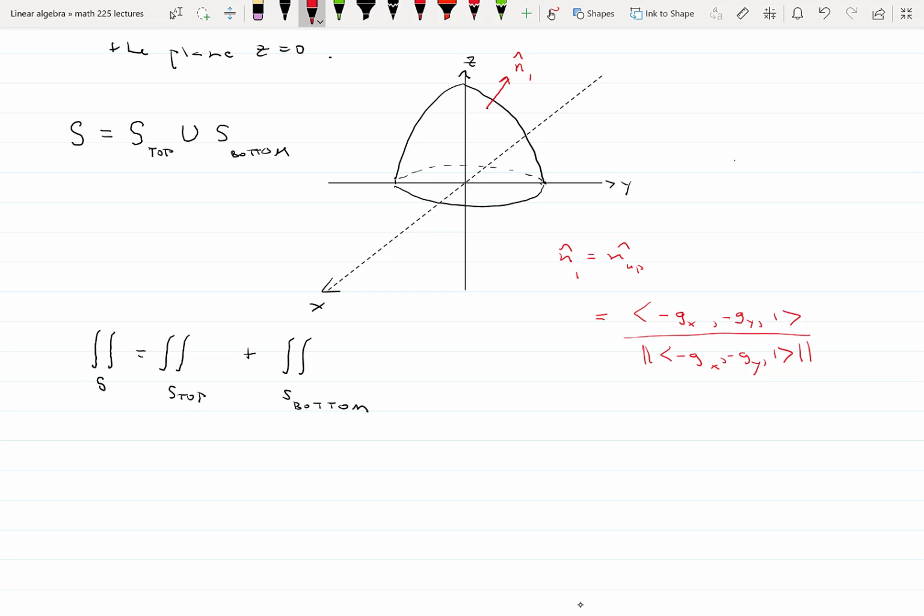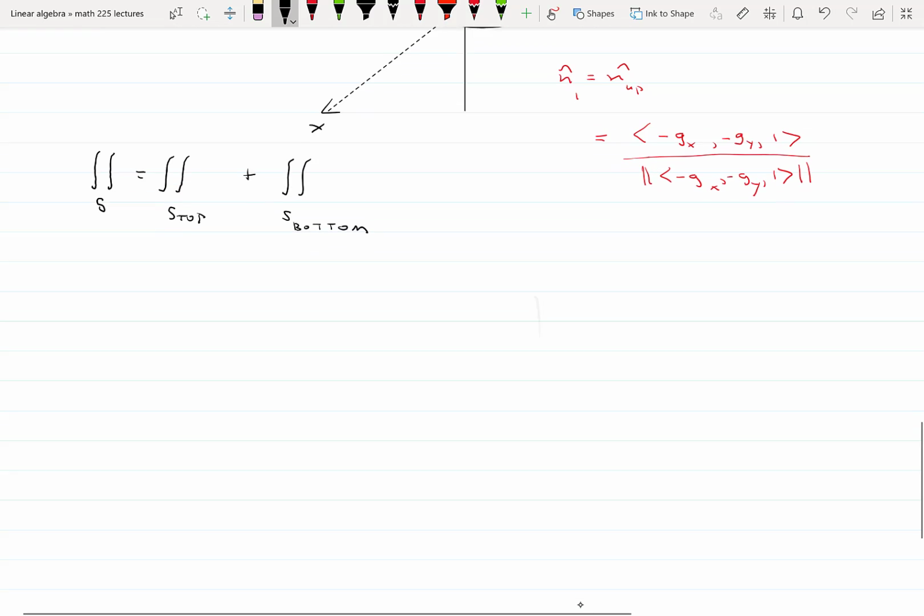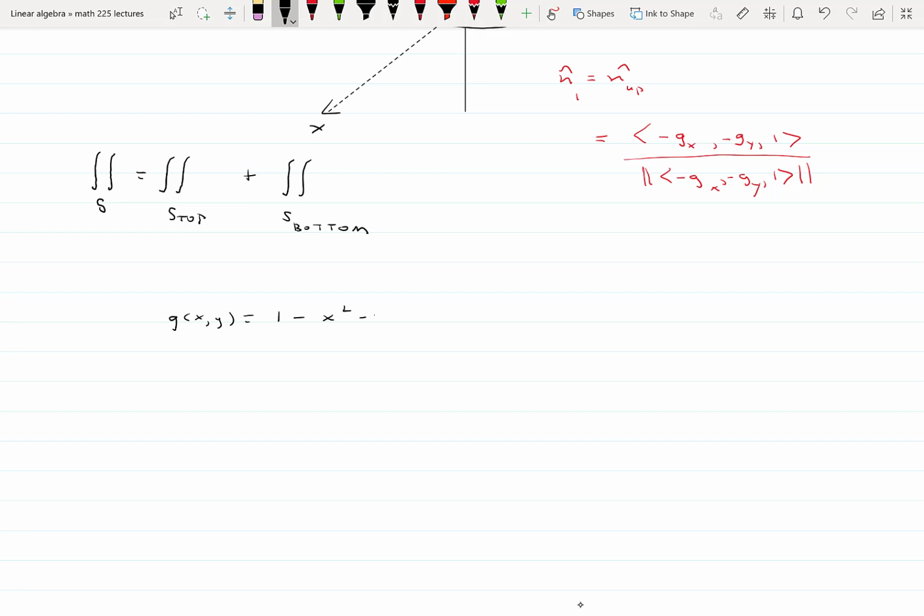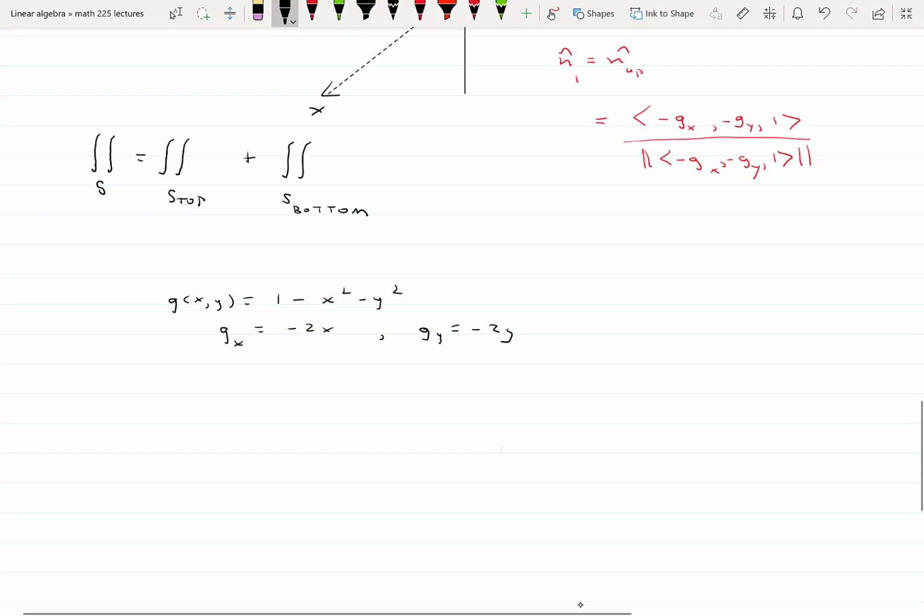So let's go ahead and find n1. We have g of xy is 1 minus x squared minus y squared. So g sub x is negative 2x, and g sub y is negative 2y.